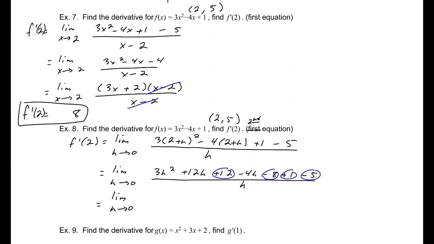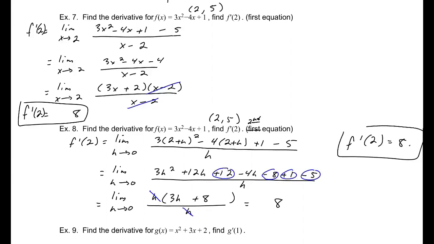I'm going to factor the h out: 3h plus 12 minus 4, well, that'd just be 8. Plus 8, and that's divided by h. So canceling the h terms and then plugging in 0, we get 8. Therefore, f prime of 2 equals 8, as we deduced with the other formula as well.